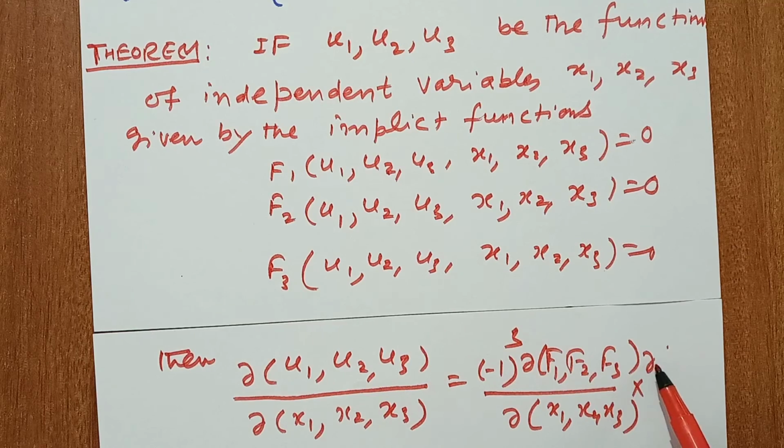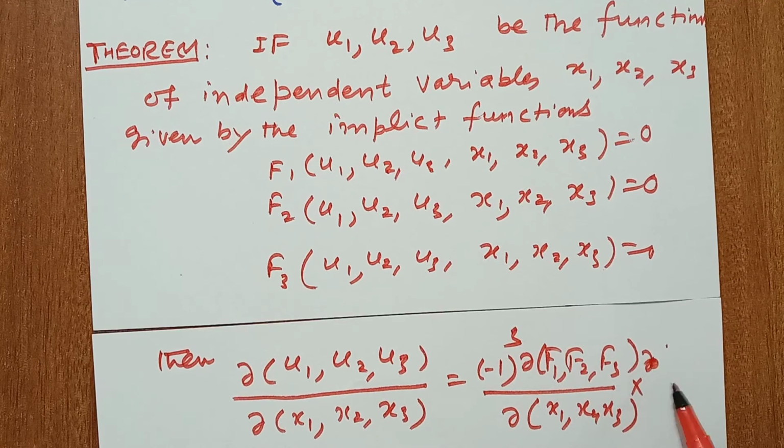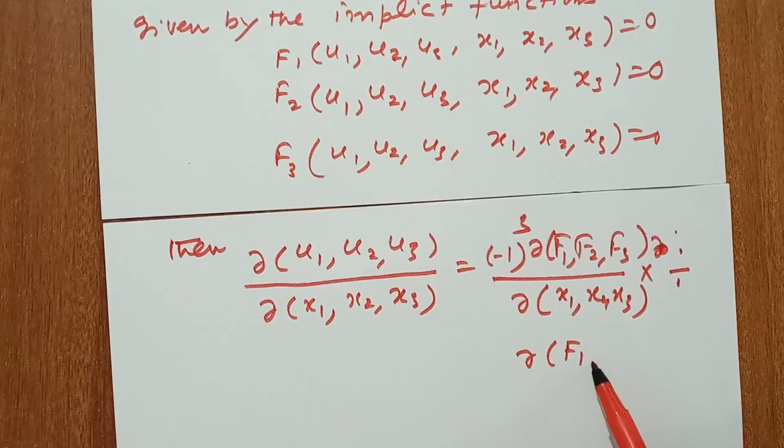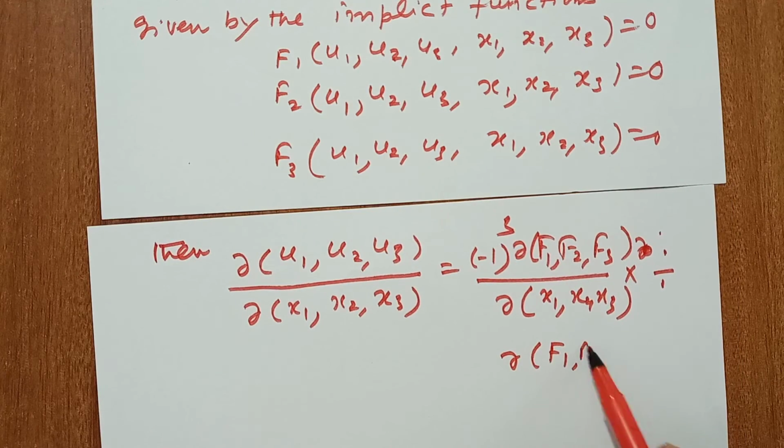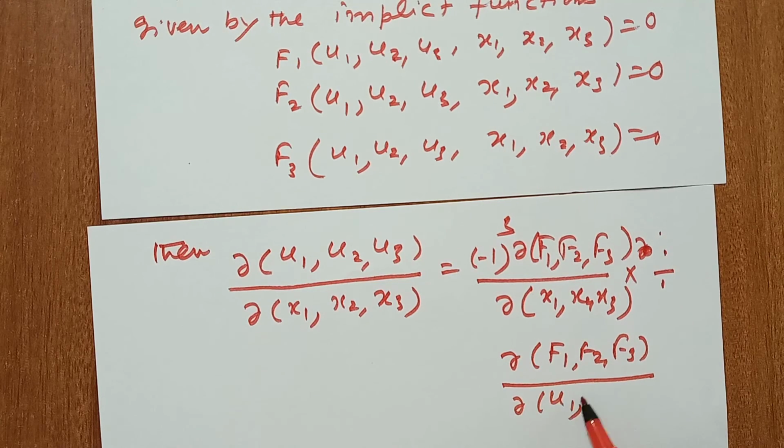In other words, this can be written as ∂(f1, f2, f3) divided by ∂(u1, u2, u3).